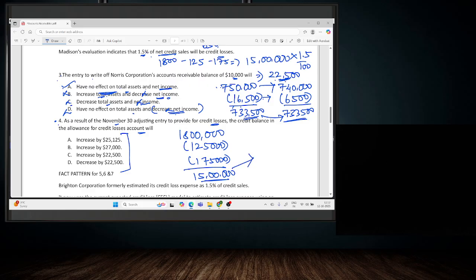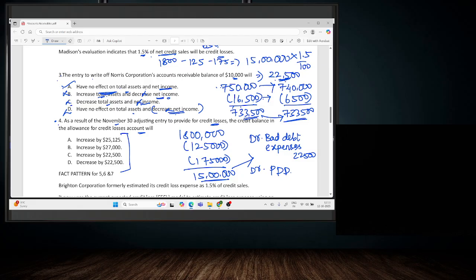So what is 1.5% of 15 lakh? We get 22,500. So what is the journal entry that we have to pass for this? We will debit bad debt expense. Bad debt expense is nothing but it will go to P&L. So we will debit bad debt expenses. How many rupees? 22,500. What should we credit? We should credit provision for doubtful debts.